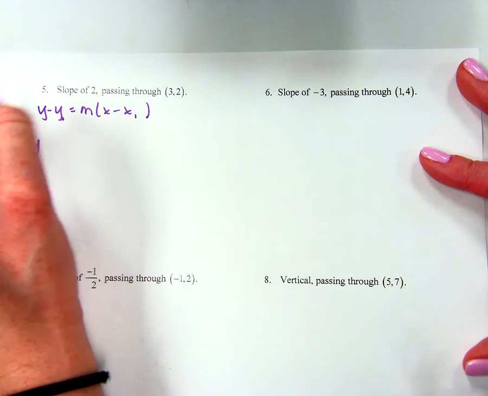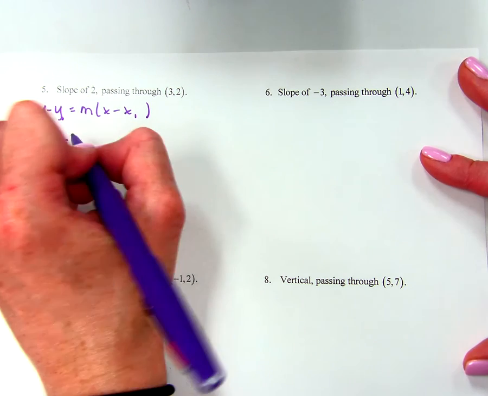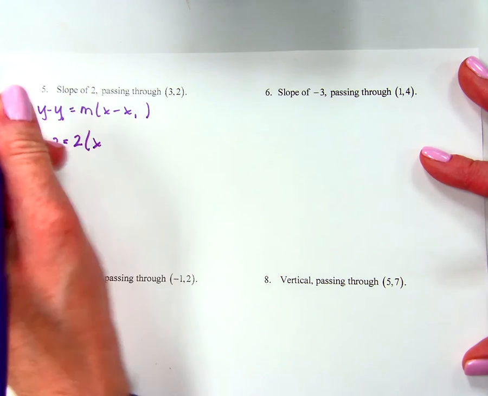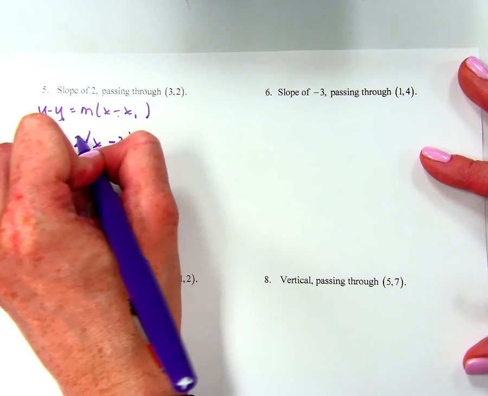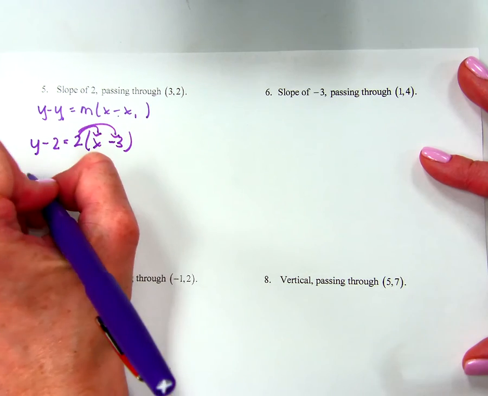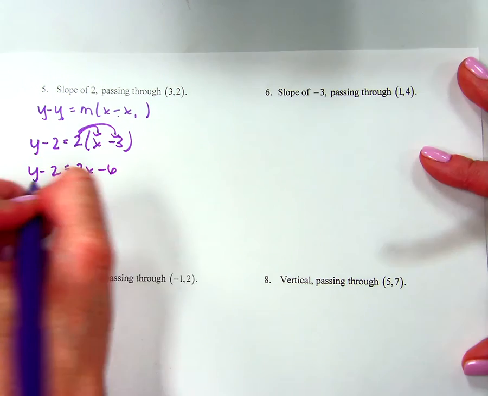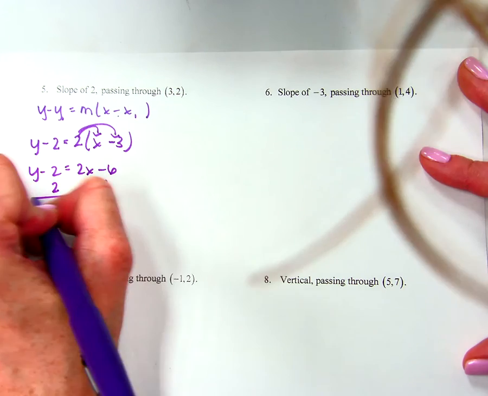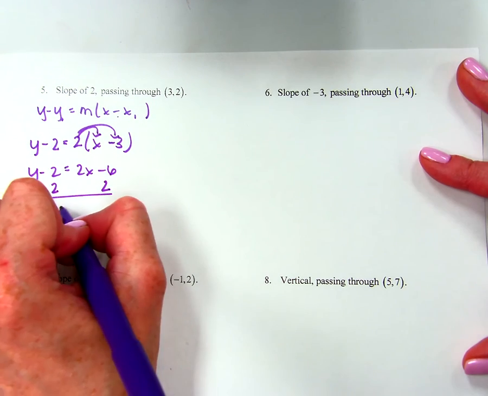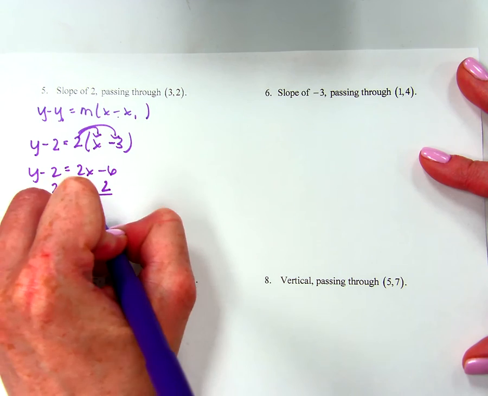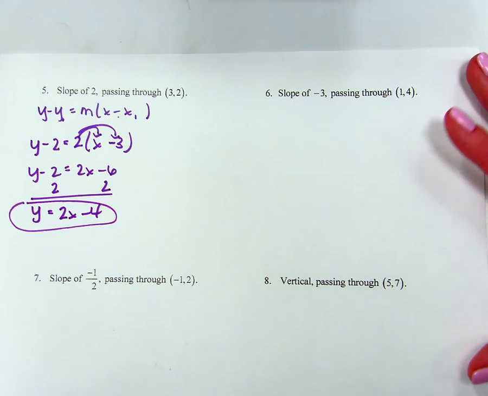So we will have y minus 2 equals, our slope is 2, times x minus x sub 1, so that's going to be minus 3. Then we'll distribute our 2 here. So y minus 2 equals 2x minus 6. I'm going to add 2 to both sides. So I have y equals 2x minus 4, and that's my final answer.